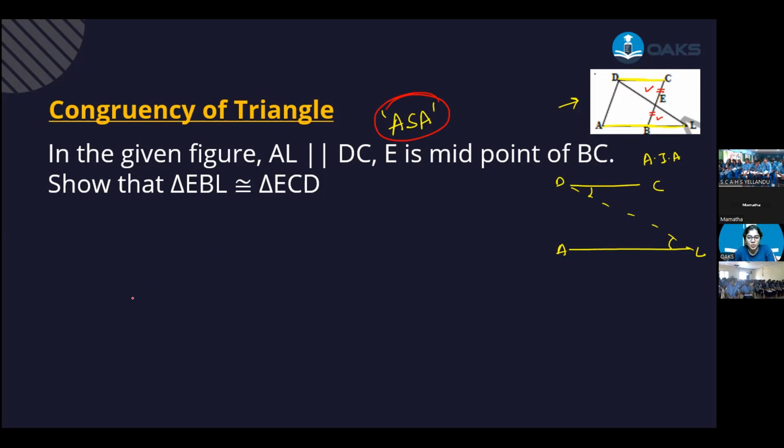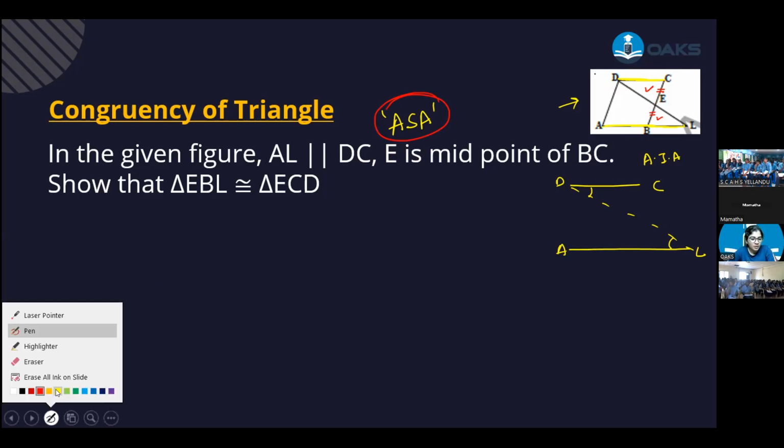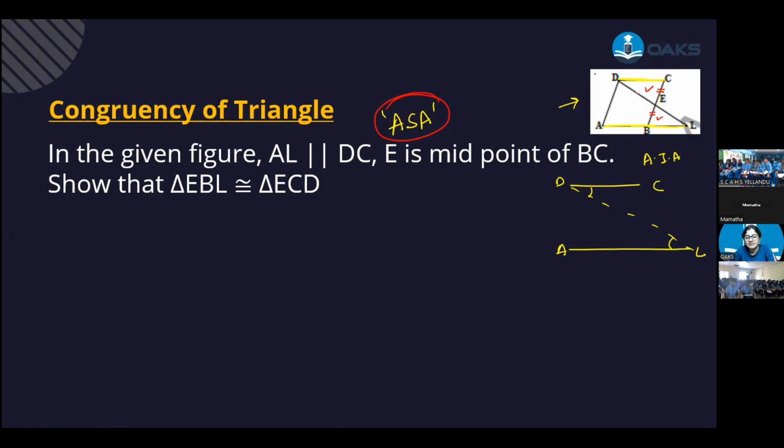Now, what can we do here? You can see that this angle is also equal to this angle. This is also acting as a transversal. AL and CD are parallel, and these two angles are again alternate interior angles, because CB is acting as the transversal.